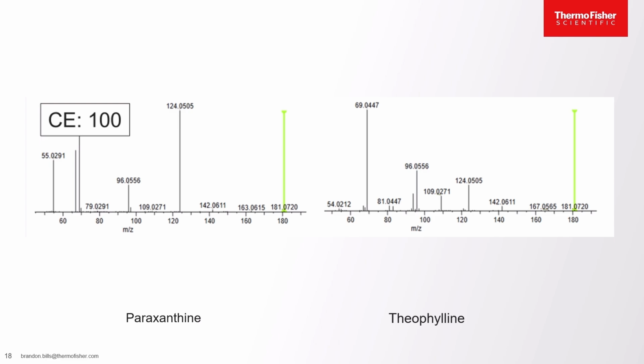Where theophylline has really mostly gotten rid of the 124 fragment for these lower mass pieces. It's safe to say that if you were looking at just stepped collision energy, you might be missing out on some critical information. By having a few additional pieces of information that can be collected in the ion trap, we now have a lot more confidence in our annotation for these two isomers.